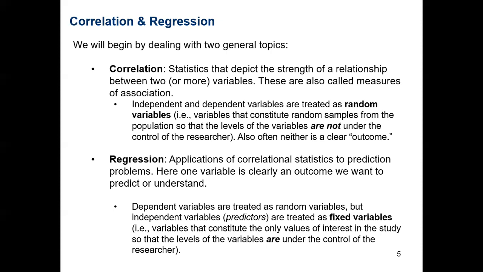That's why some people call the independent variable an exogenous variable, because it's given externally. Depending on which independent variable is chosen, the dependent variable follows. That's why the dependent variable is a random variable. These are variables that constitute the only values of interest in the study, so the levels of the variables are under the control of the researcher.